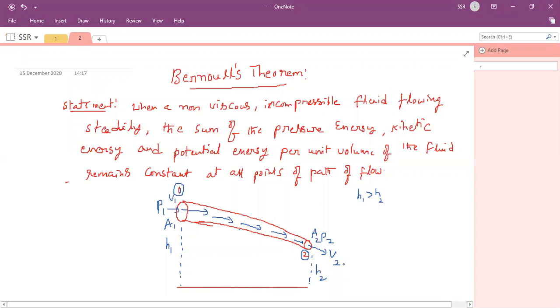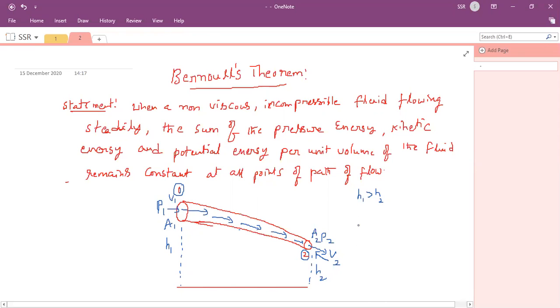Pressure P1 acts on the fluid from outside into the fluid. Pressure P1 is along the fluid direction, whereas pressure P2 acts opposite to the fluid flow direction. From outside to inside, pressure always acts with respect to the tube. So V1 and P1 are in the same direction, whereas P2 and V2 are opposite. This is the point you have to remember.